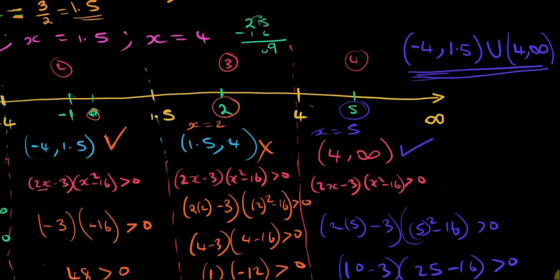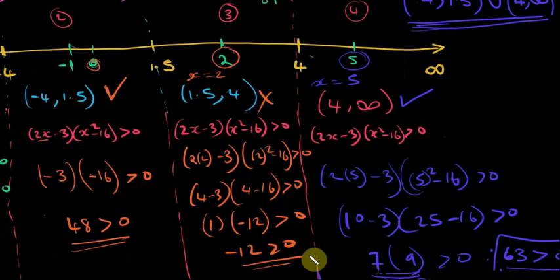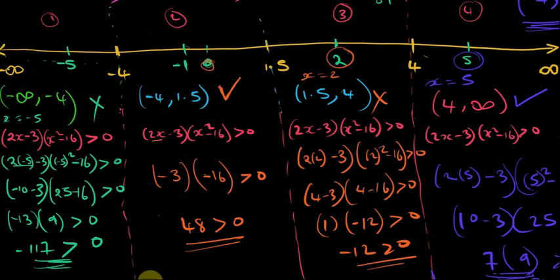Alright, so now if we are to sketch our number line, we would say, okay, this region is not included, the zeros are not included, so it will go all the way to infinity. That's one of the solutions.